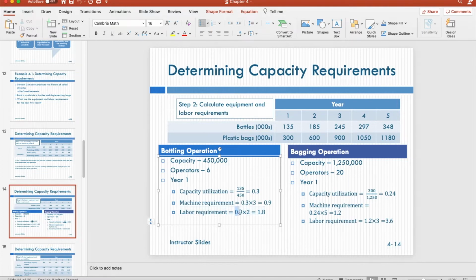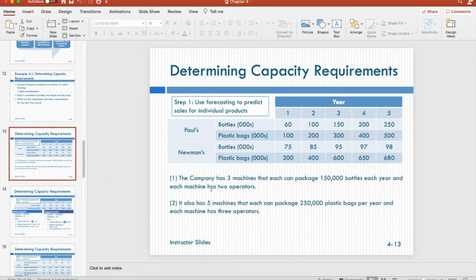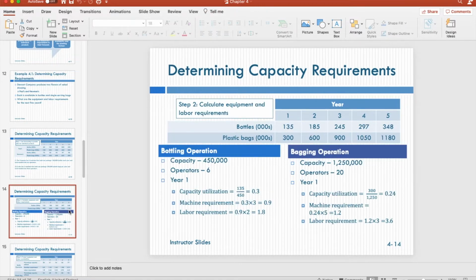You use 0.9 times 2. Why do we need times 2? Because for every machine, you have 2 operators. So the labor requirement, or effectively how many laborers you're using, is 0.9 times 2, which is 1.8.